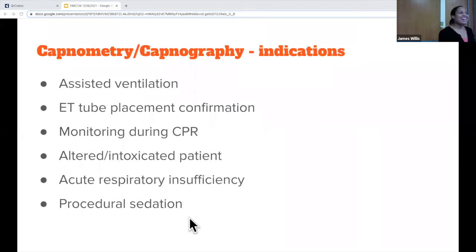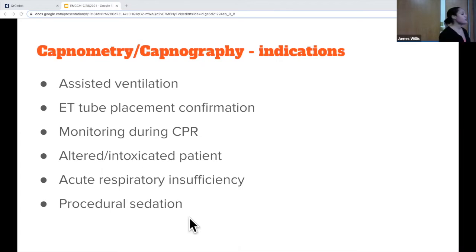Another assessment that you might want to add is end-tidal CO2. We use it a lot in our procedural sedations to supplement our pulse oximetry, but there are a lot of other reasons why you might want to use end-tidal CO2. We use it in our ventilated patients. We use it when we intubate a patient to double check that the tube is actually in the trachea.